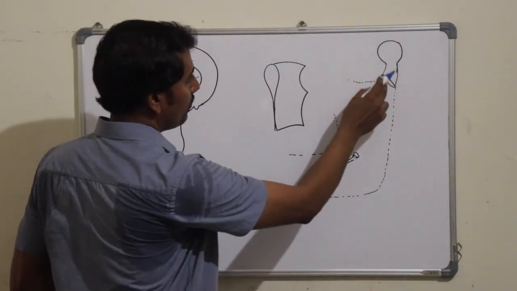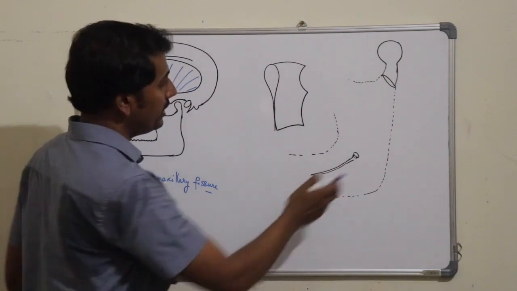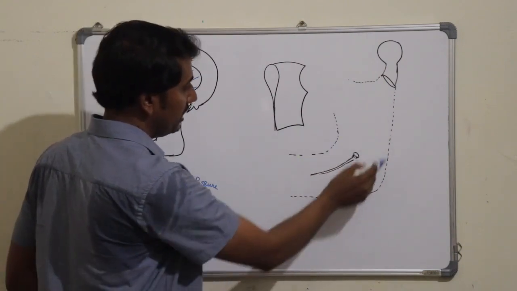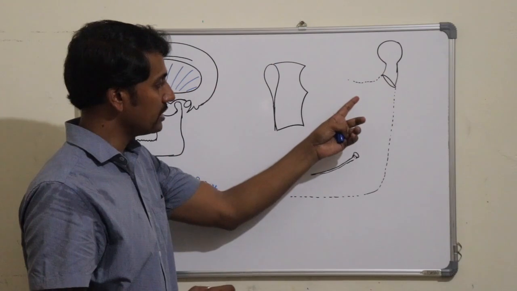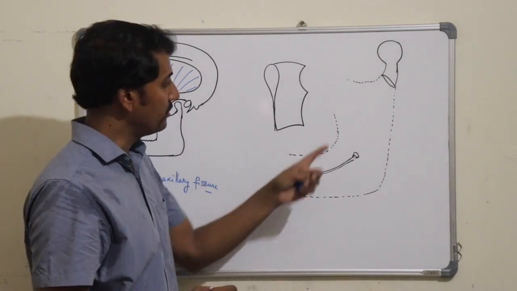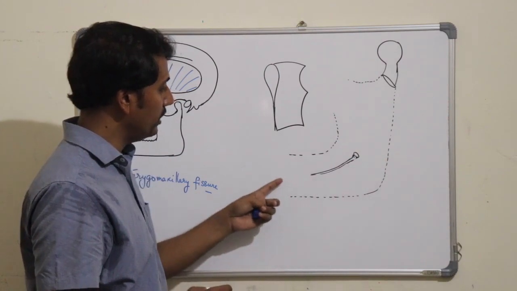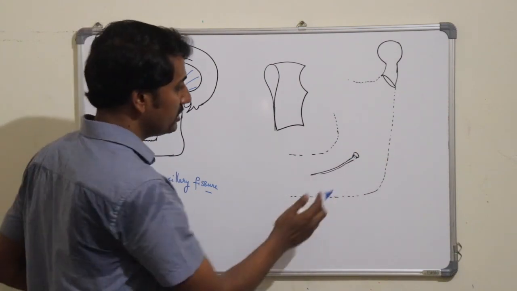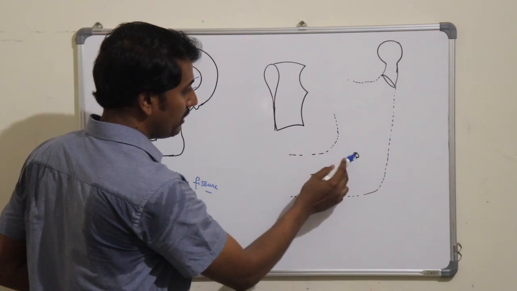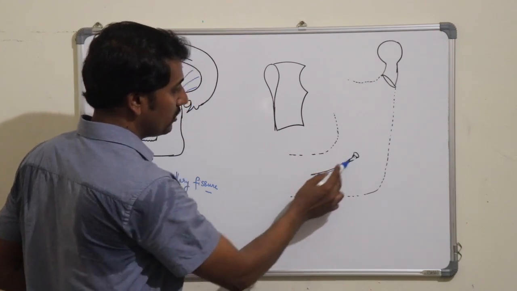This was the condylar process of the mandible, and this dotted area that we are seeing here is the deeper surface or the medial surface of the ramus of the mandible, the angle of the mandible, and the body of the mandible, in which we can see the mandibular foramen and the mylohyoid groove.